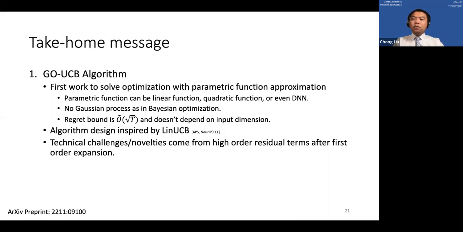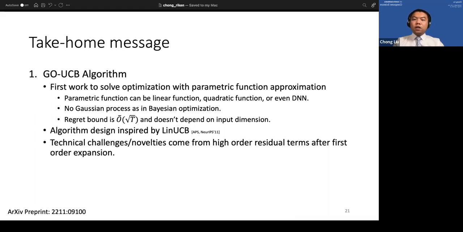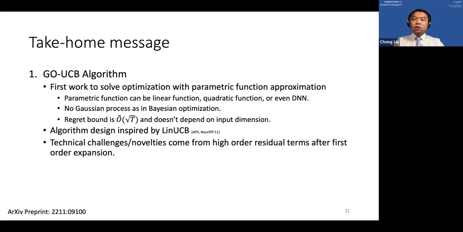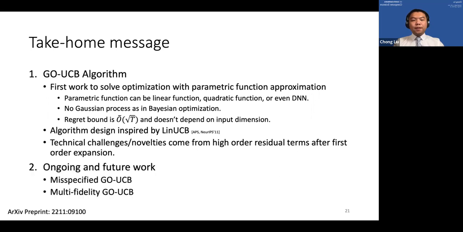Here the first order expansion means that I am using the first order approximation so that the algorithm behaves like a linear function, but I do have some higher order residual terms that need to be carefully dealt with. This is the main contribution: I am able to deal with nonlinear function approximation and also nonlinear function global optimization.